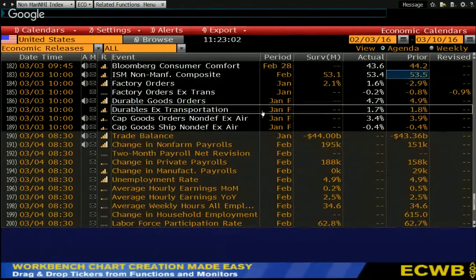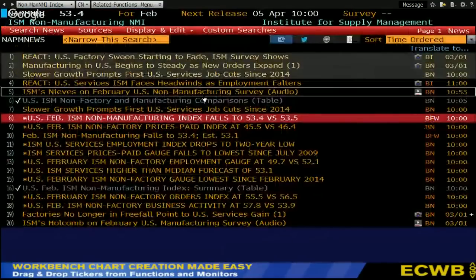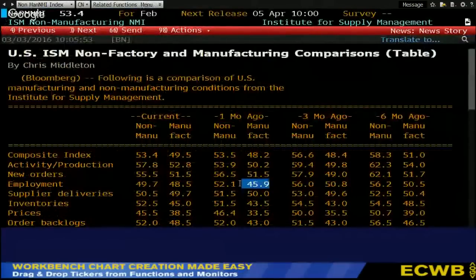Other things that we look at as leading indicators for non-farm payrolls include the manufacturing employment subcomponent. So the manufacturing employment subcomponent actually increased from 45.9 to 48.5. So on the one hand, you have the ISM services data arguing for weaker payrolls, and on the other, you have the manufacturing data arguing for stronger payrolls.